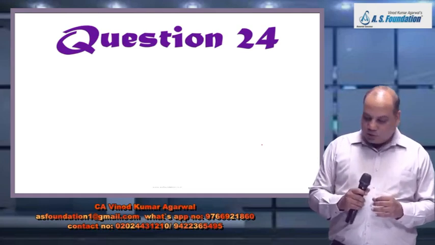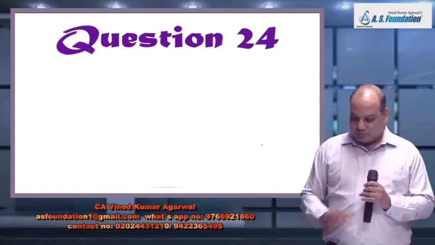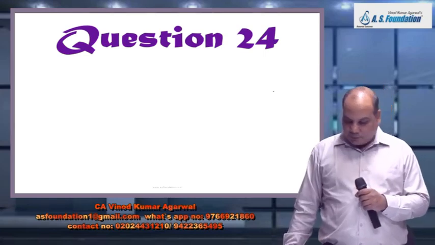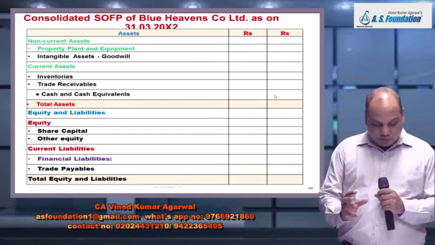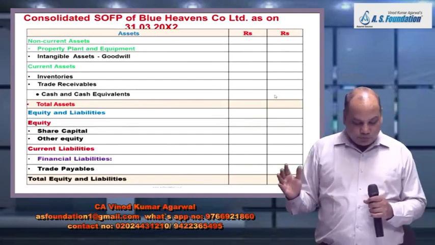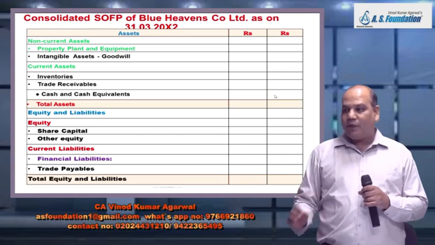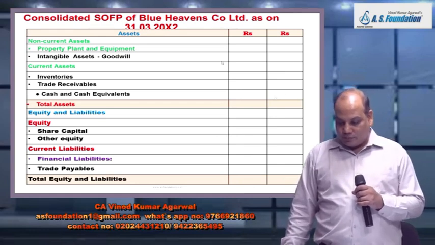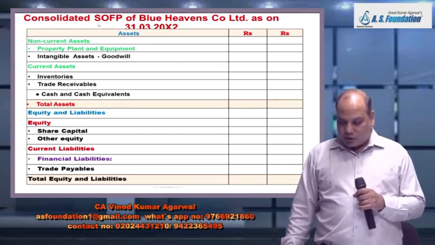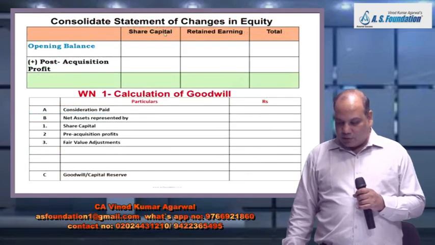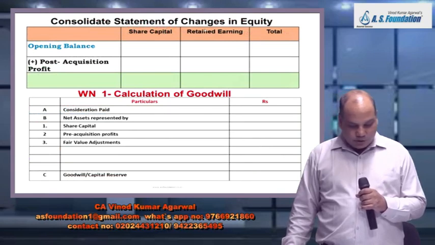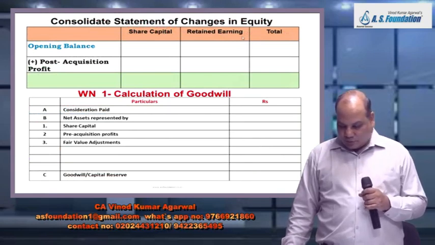So the 3 problems we will solve one by one. So first you understand what are the formats we will require. This is just a simple consolidation problem. Here we don't have adjustment. Only for goodwill calculation take fair value wherever given. So first we will prepare consolidated SOFP on 31st March 20x2. Then we'll prepare one consolidated statement of changes in equity.